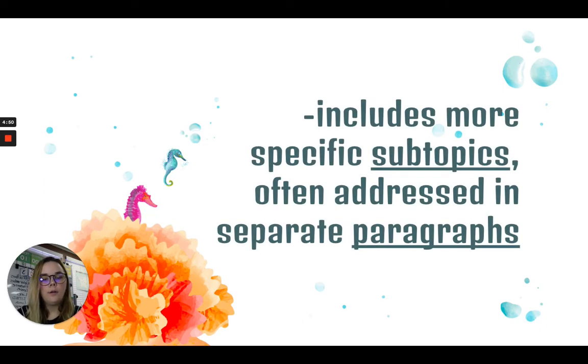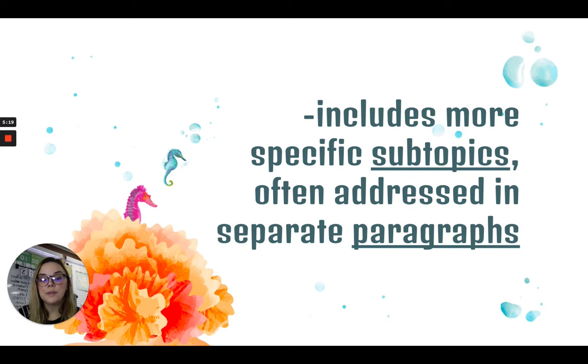It'll also include specific subtopics that are often addressed in separate paragraphs, or if it's in a book, maybe in separate chapters. So if you notice, when we looked at the book about LeBron James, we saw some subtopics, right? We saw the subtopic of before he became a professional basketball player, and we saw some things from while he was playing professional basketball.